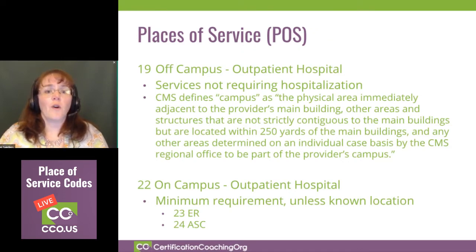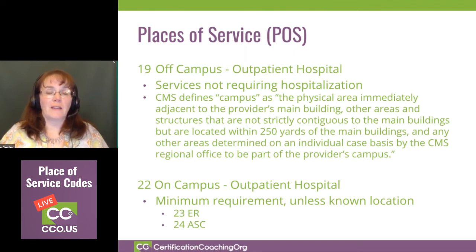So 19 is off-campus outpatient hospital. These are outpatient hospital services that don't require any kind of hospitalization on the part of the patient. But what is a campus? A campus is the physical area immediately adjacent to the main building, or other areas or structures, that are located within 250 yards of the main building, and any other area determined by CMS to be counted as a campus.